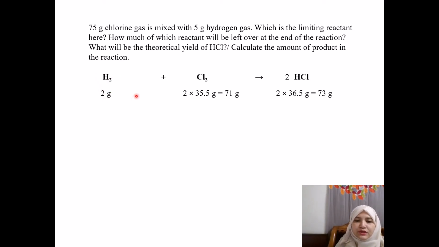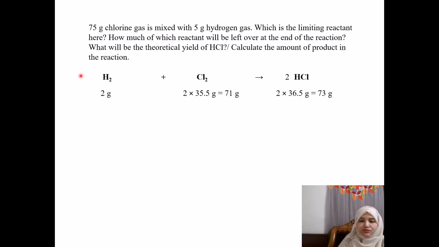Now we have to see how much of one reactant reacts with how much of the other reactant and produces our product. That means how much hydrogen could react with how much chlorine. We have to calculate that at first.